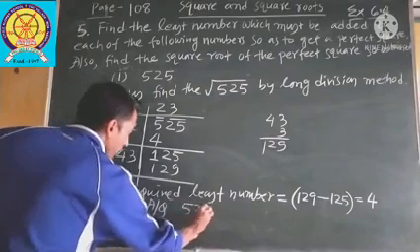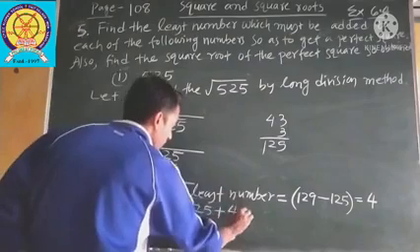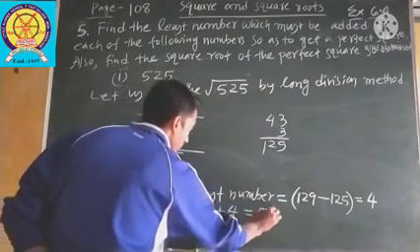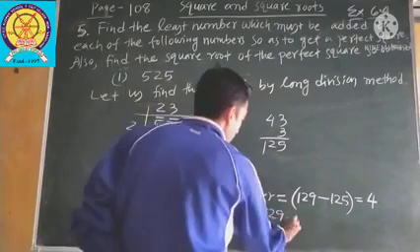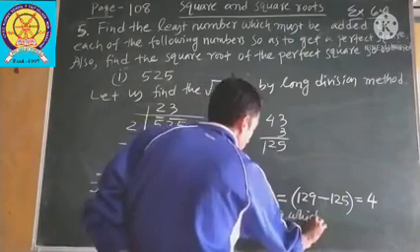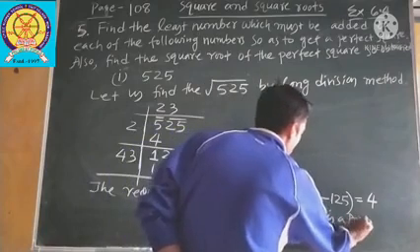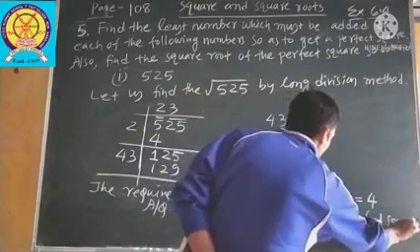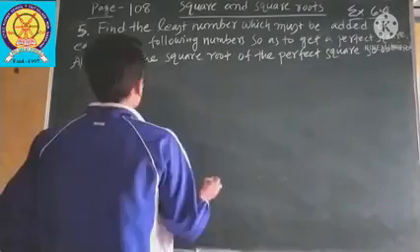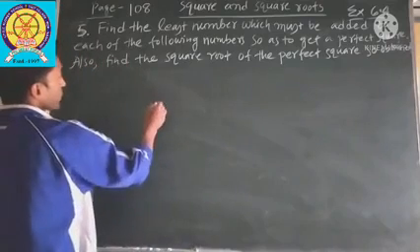So as per the question, the given number is 525. Least number how much? 4. You have to add. Then you will get how much? 529, which is a perfect square. So now we will find out the square root of the perfect square number.